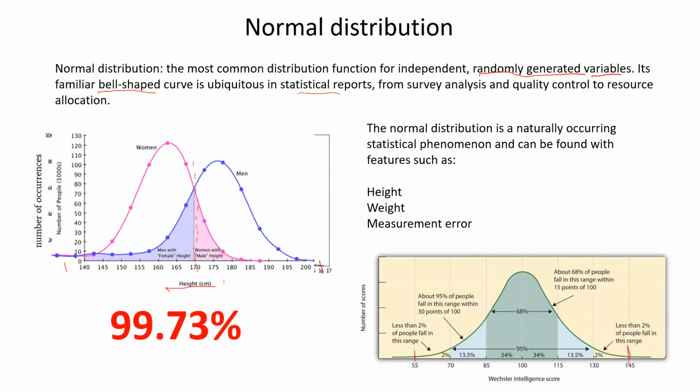Again, remember, this is the value that we look at when we consider 6 sigma. The 6 sigma in our class, Lean Six Sigma, is that 99.73% of your data should fall within the bell curve of your normal distribution.